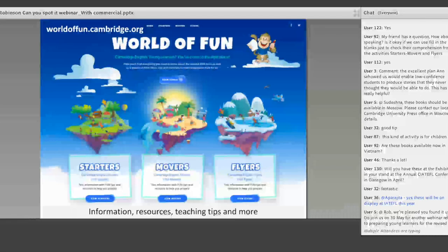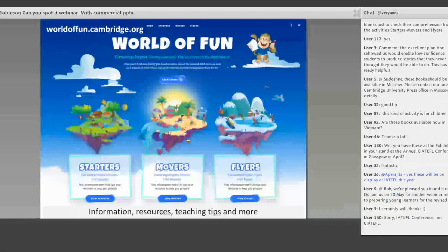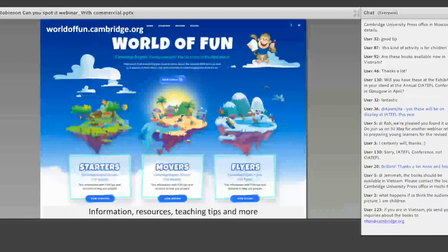If they don't know the word pirate, for example, in that picture, they can think, well, I know the word clown, I know the word boy, I know the word parrot. So what could the pirate be? Well, it must be the one that I don't know the word for. So train them maybe to use elimination or to guess, or just simply to write an answer about one of the things in the picture, and they may well get the answer right. So always encouraging them to try and answer the questions. To write something.